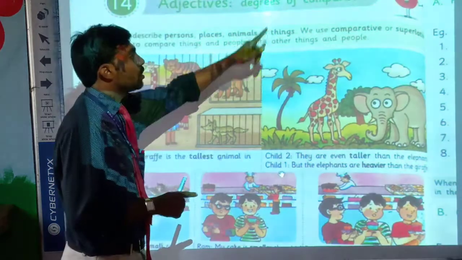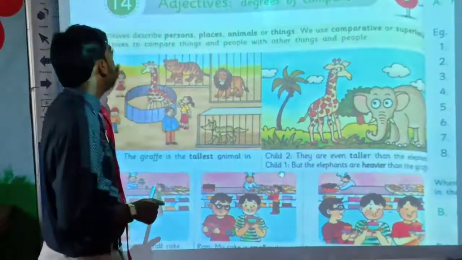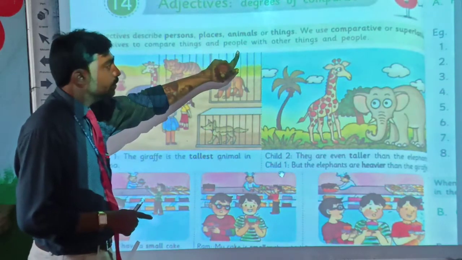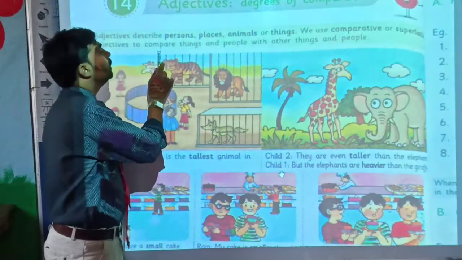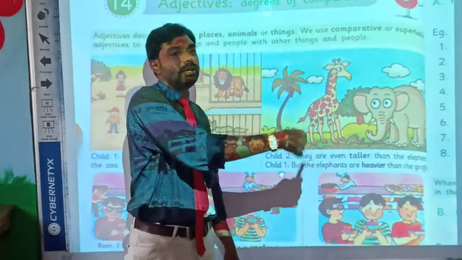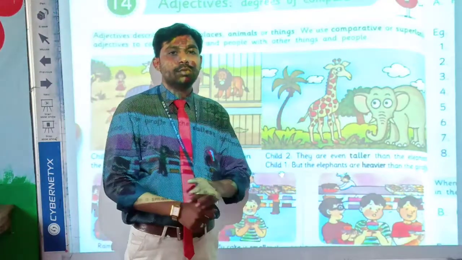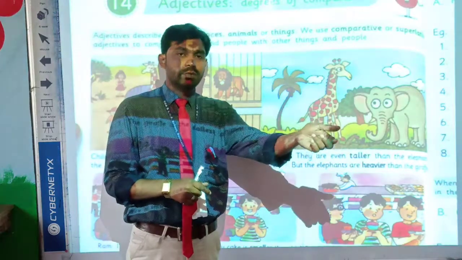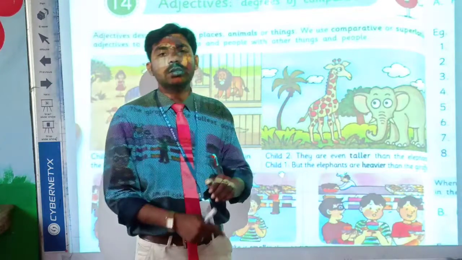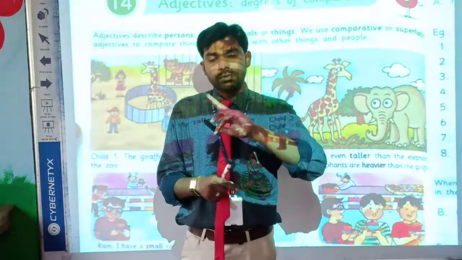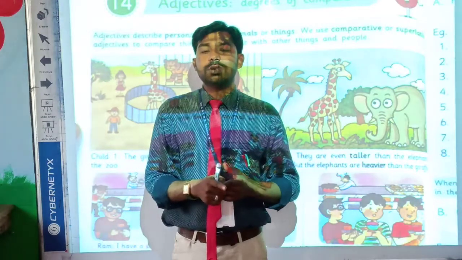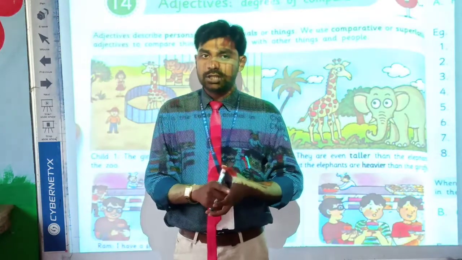We use comparative or superlative adjectives to compare things and people with other things and people. We compare people with other people, and things with other things. For comparing these, we use comparative adjectives or superlative adjectives.